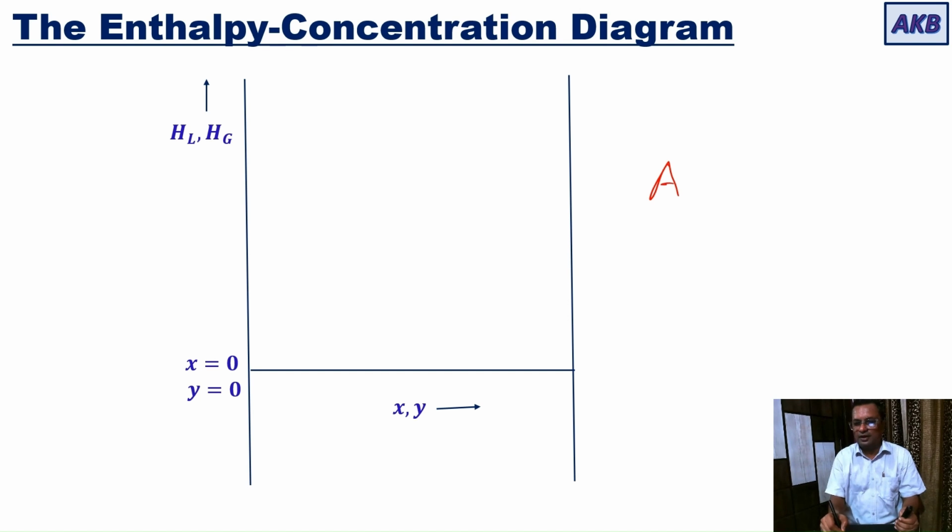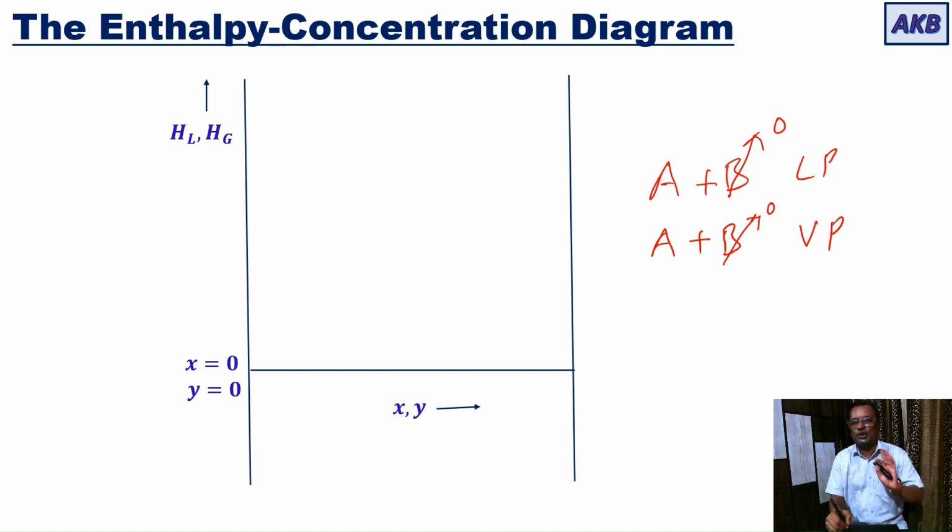Again, you have two components in the liquid phase and the same two components in the vapor phase. At the end where X is 1 and Y is 1, that means there is no B in it. There is only one component at that end, and that is A. So this end represents pure A. This end where X is 0, Y is 0 represents pure B. And when X is equal to 1 and Y is equal to 1, the other end represents pure A.